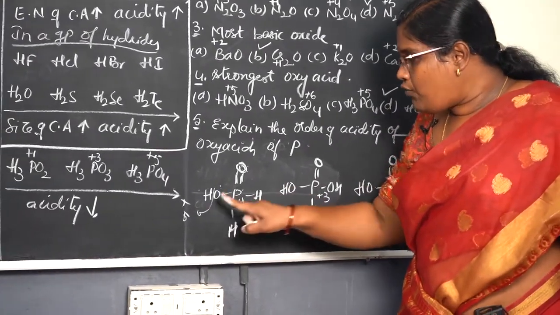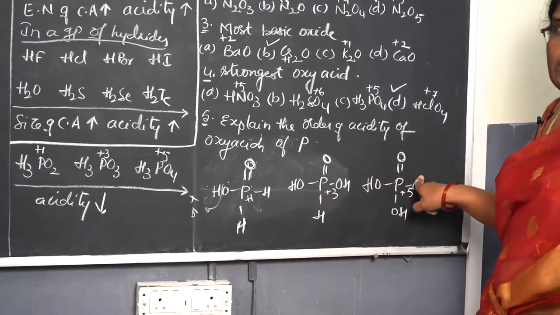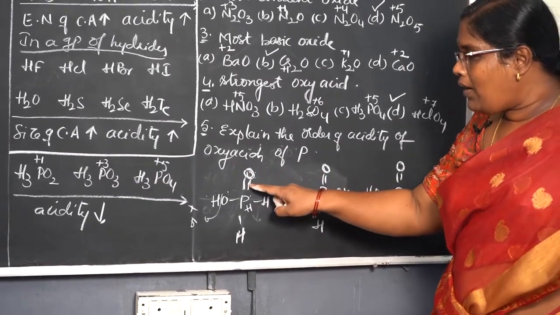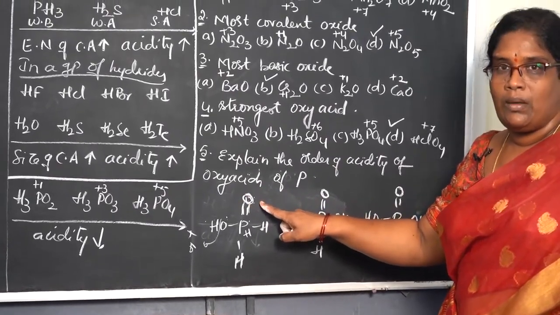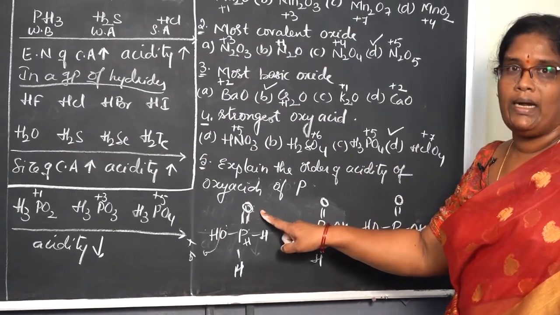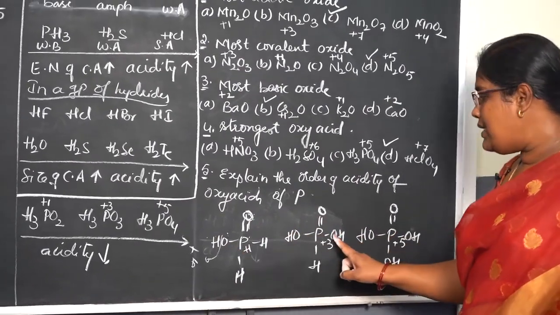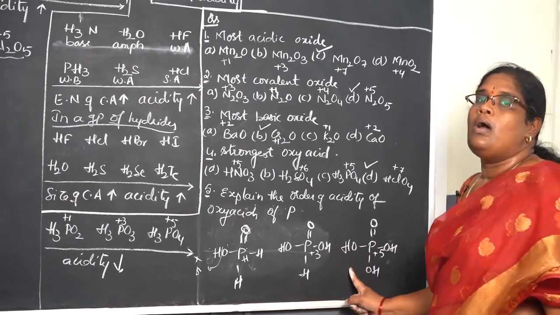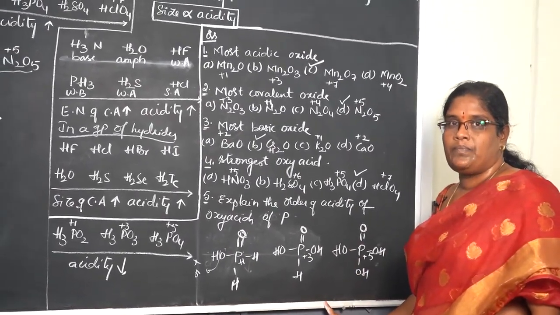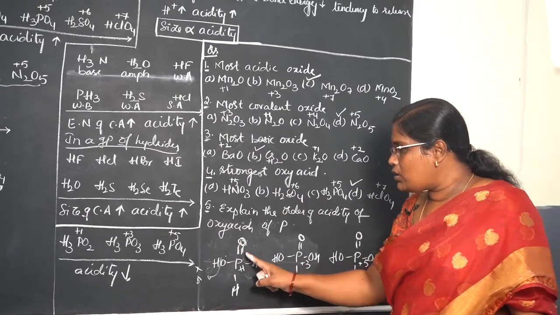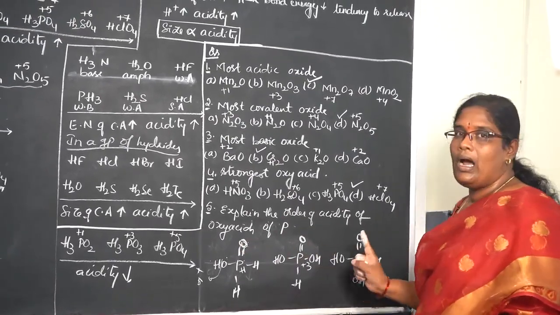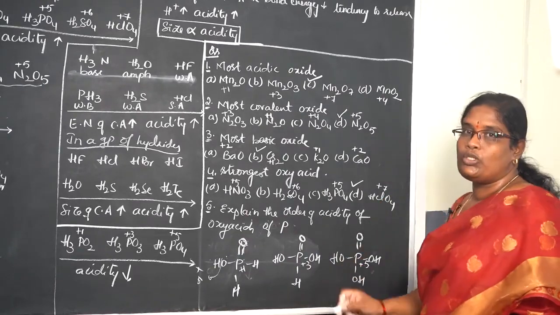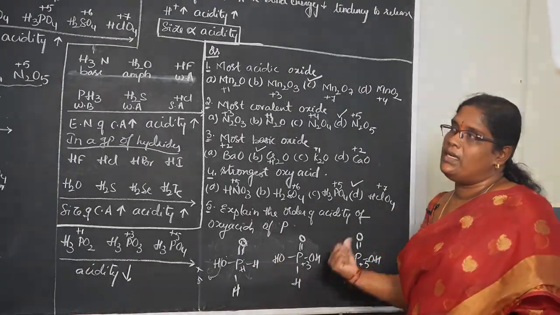So when the number of OH groups increases, the polarizing power of the unprotonated oxygen experienced by the OH groups is decreased, and therefore acidity decreases. This is because all of them have only one unprotonated oxygen, which cannot polarize all the OH groups effectively. Therefore, acidity is decreased.